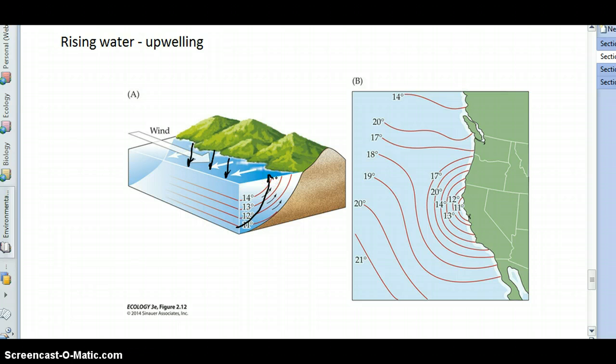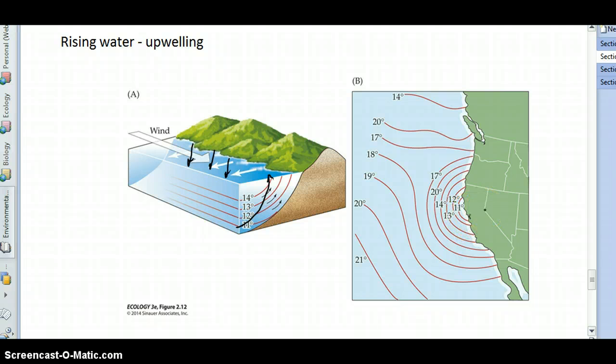We see a good example of this on the west coast of the United States because you have prevailing wind that's coming from the north, and so it draws water away from the coast, which causes these upwellings, and you can see the water temperature.